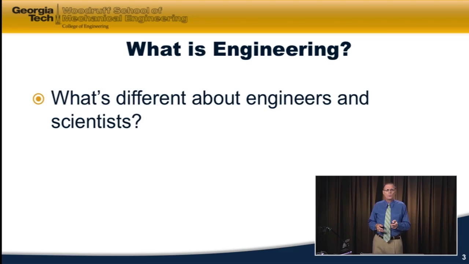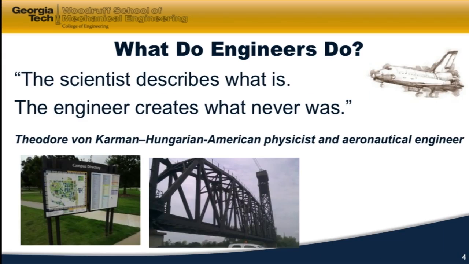Now that you've answered that question, let's look at what Theodore von Karman said. He's a famous physicist and aeronautical engineer. So he says, the scientist describes what the world is, or how the world is, and then the engineer creates what never was. And I've shown some structures here that are typical engineering structures, as simple as perhaps a sign.